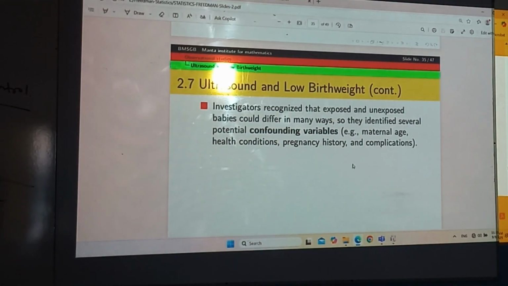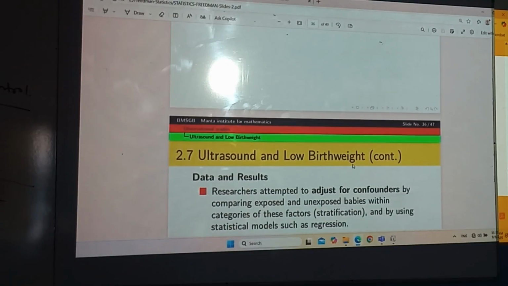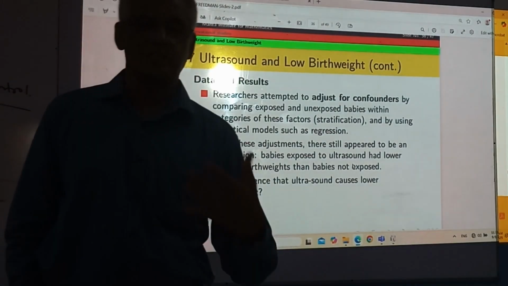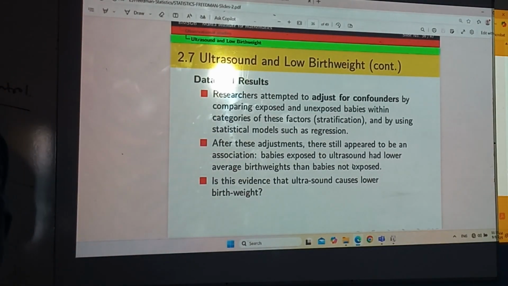So therefore, they carried out more experiments, and now we know that ultrasound is not actually reducing the weight in humans, but actually it is more beneficial. If there are problems, we can really identify them.